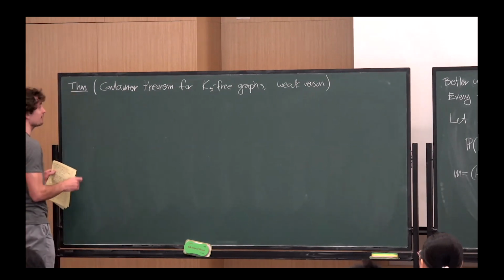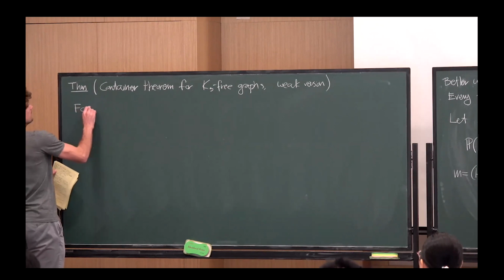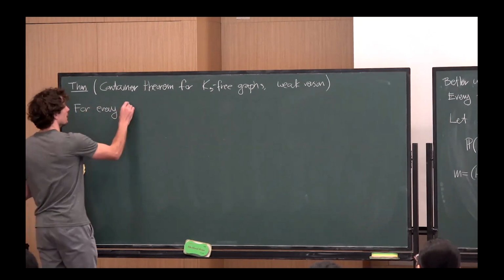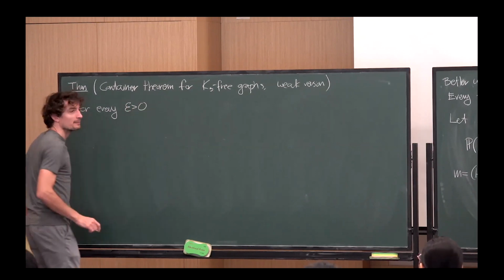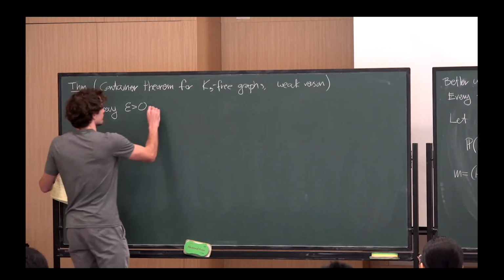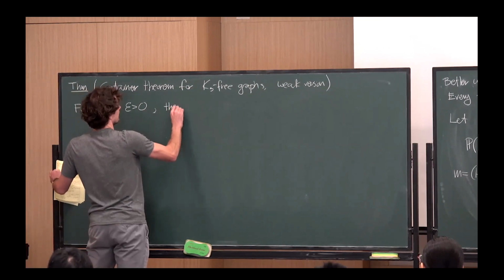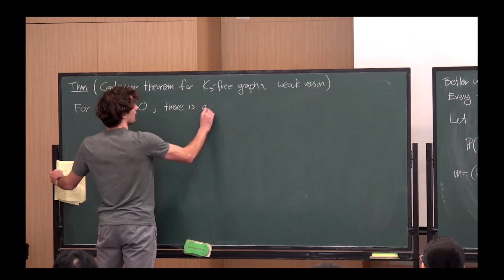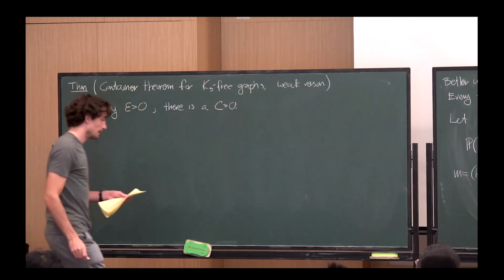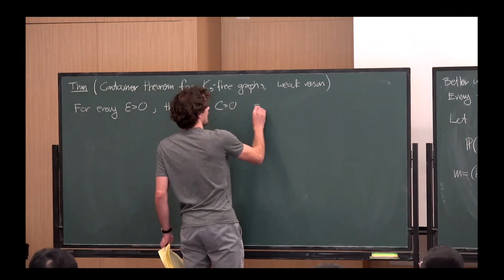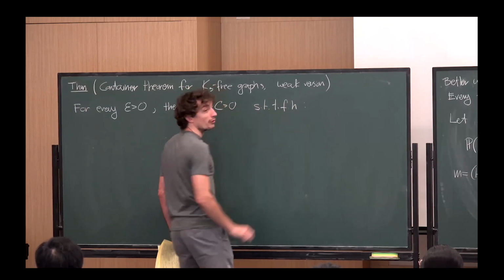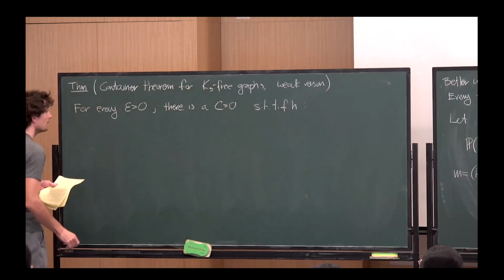So what does the theorem say? The theorem says that you give me some small positive epsilon, and the theorem gives you a C such that the following holds for all n.